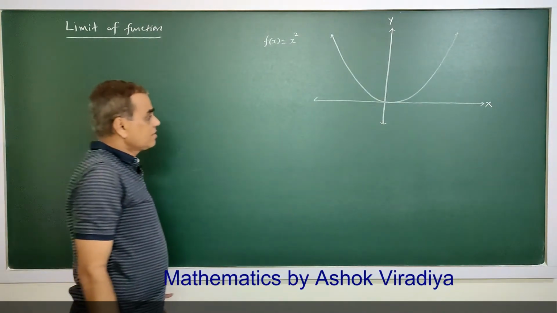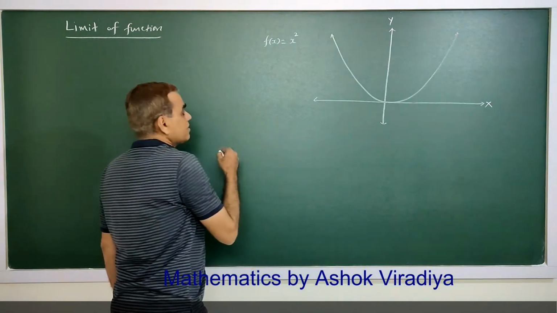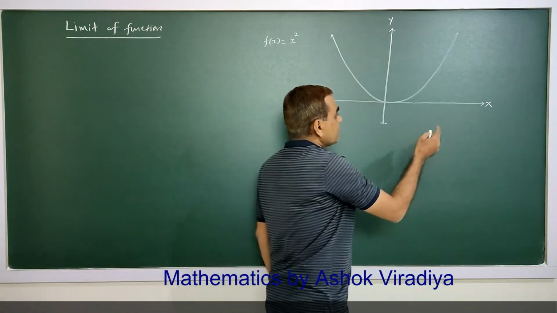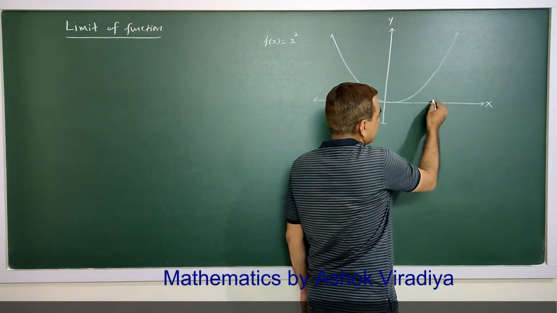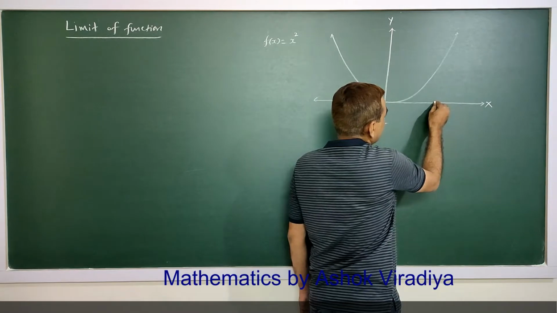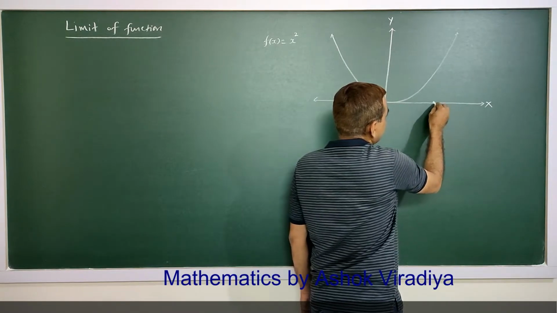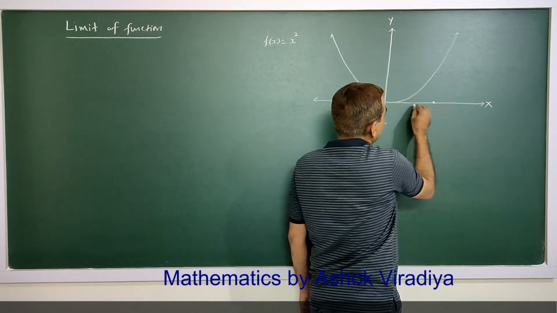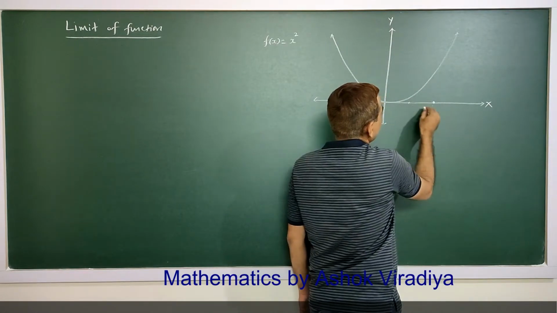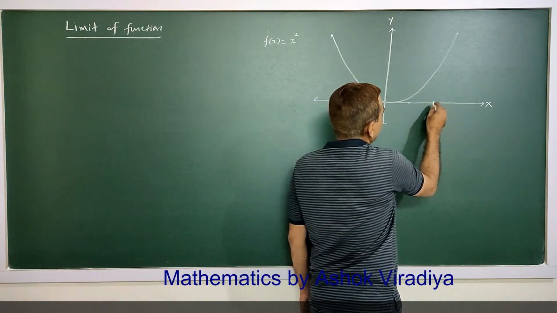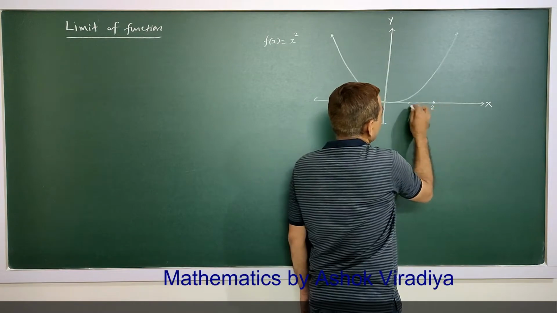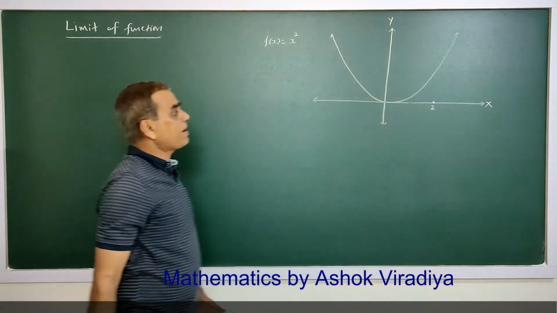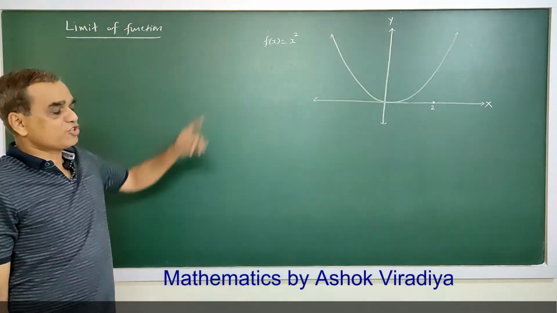Now here I am taking a number from domain. Suppose somewhere here this number, somewhere here this is 1, this is 2. As for example, this number is 2. 2 belongs to the domain of this function.